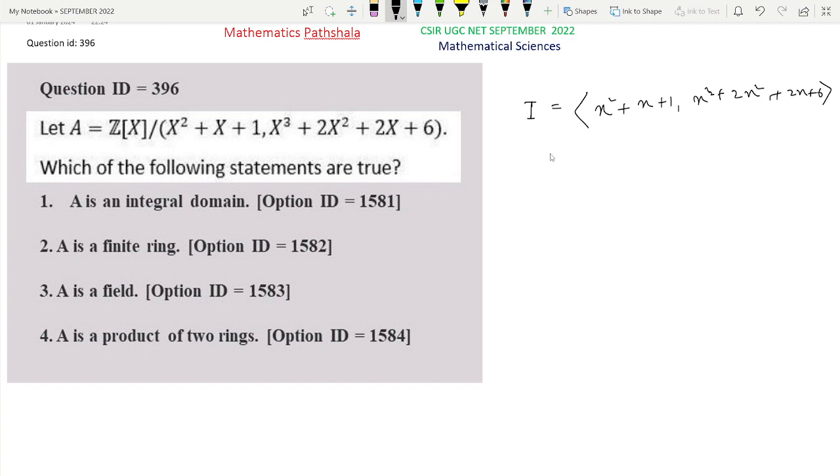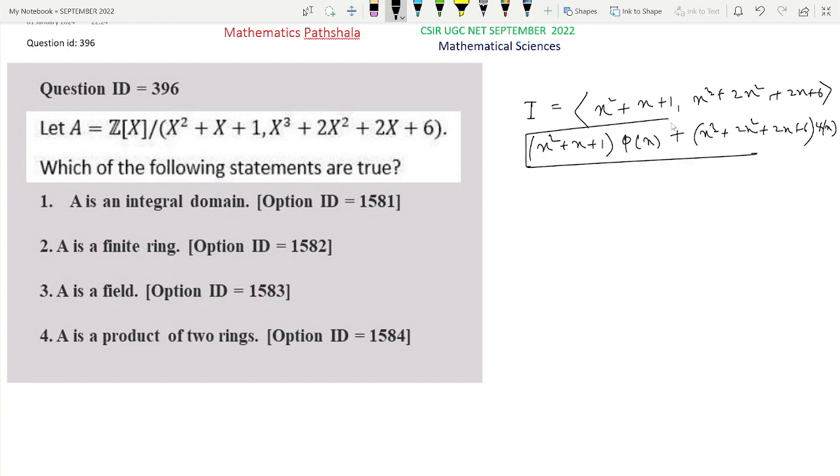Any element of this ideal is of the form x square plus x plus 1 times some polynomial, say phi(x) belonging to Z[x], plus x cube plus 2x square plus 2x plus 6 times another polynomial, say psi(x) from Z[x]. This is the structure of the ideal. All the elements of this ideal are of this form.